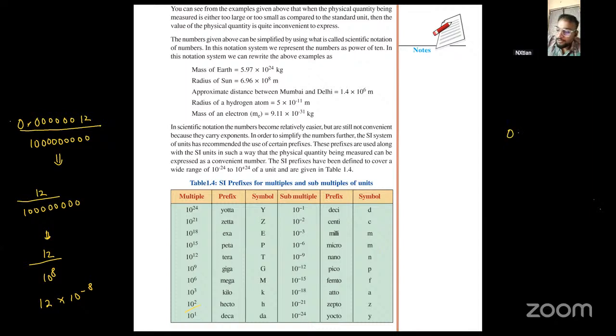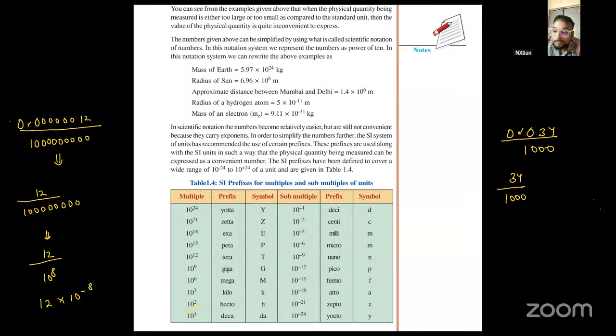For example, 0.034. Now, if I remove the point, what number will come in the denominator? There will be 3 zeros, 1000. So can I get it like this, 34 upon 1000?